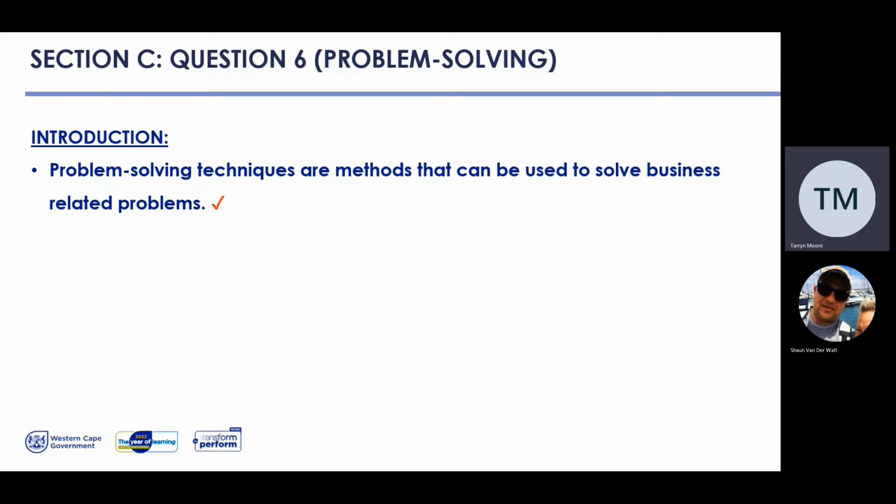Remember, the very first question says, outline the differences between problem-solving and decision-making. Here you're saying that there are different problem-solving techniques and they're methods that can be used to solve problems. It links to the topic.